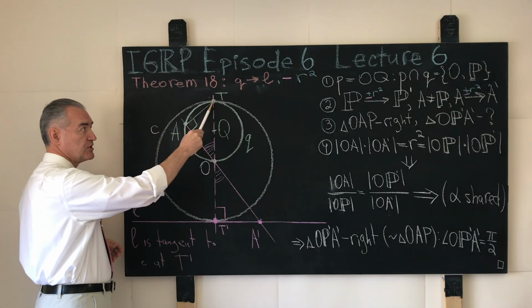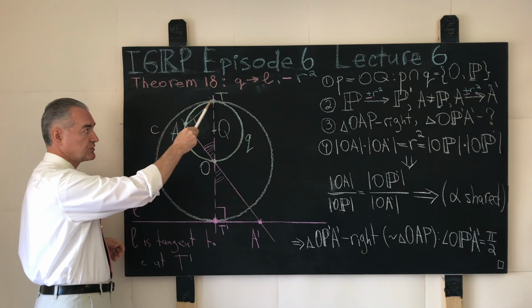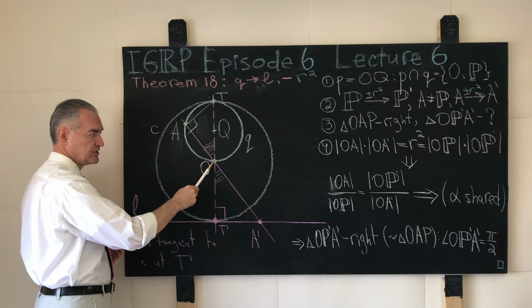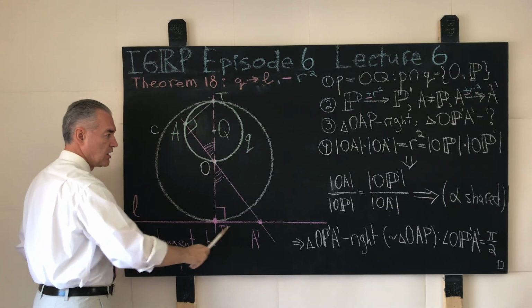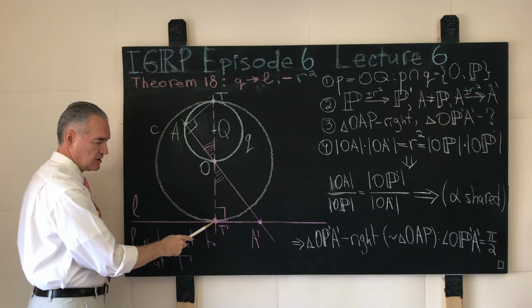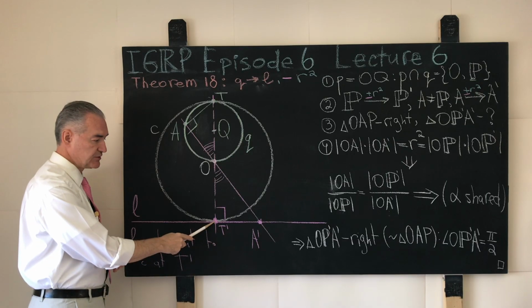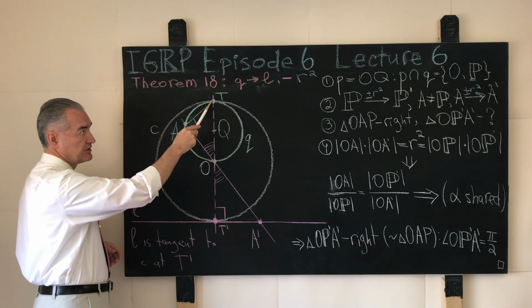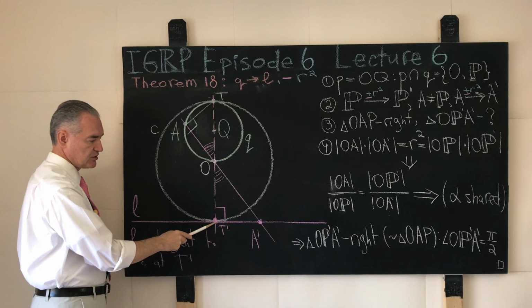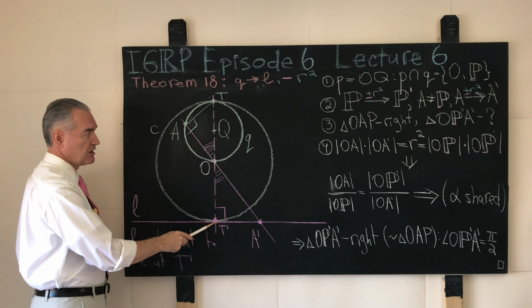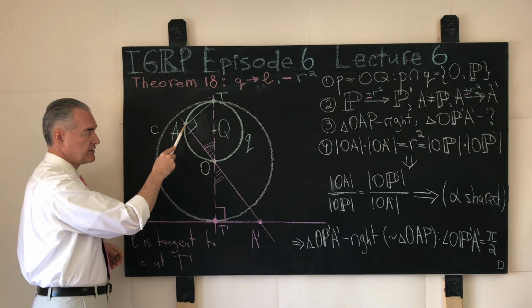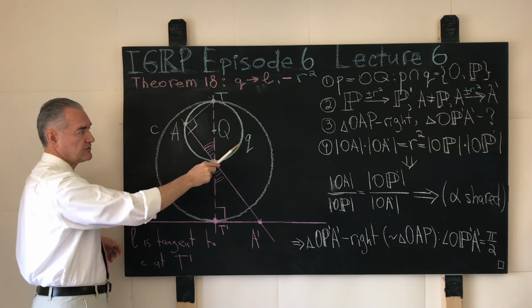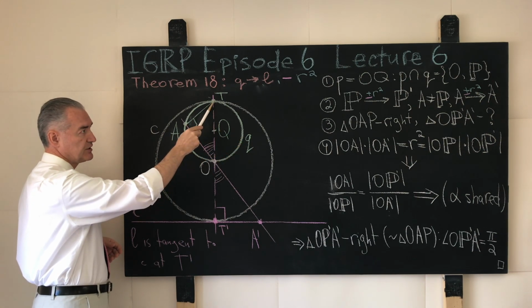The sole point that is in common to both circles, the circle Q that passes through the center of inversion and the circle of inversion, and the point that is diametrically opposite to it, T prime, the tangency point and its diametrically opposite image. Then we grab any random point on the given circle Q, distinct from T.